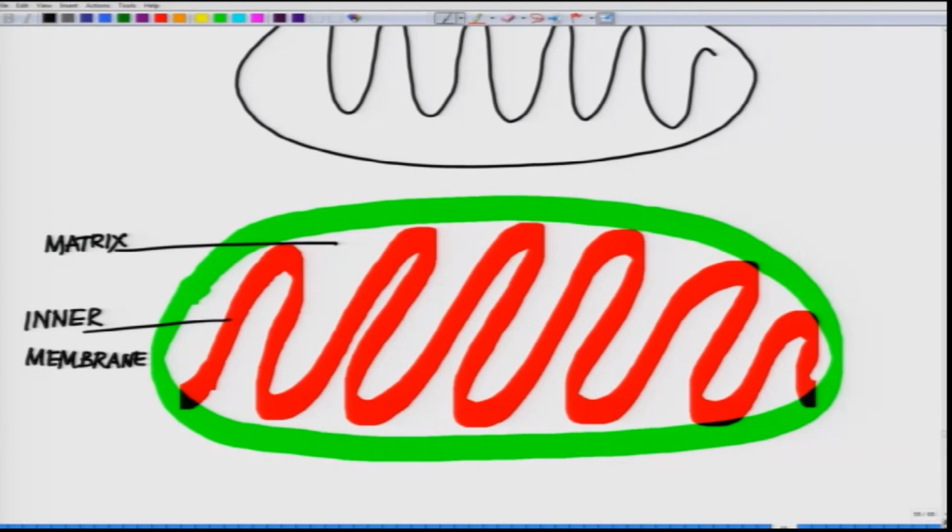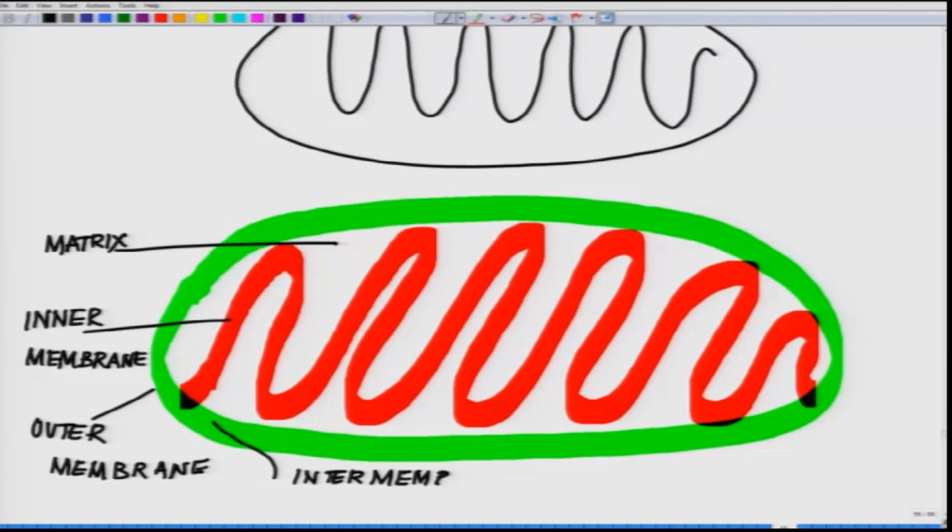Then you have the outer membrane, which is this one, and then you have the intermembrane space. So, this is more or less how the mitochondrial structure looks like, and the inner membrane is folded into what are called cristae. Mitochondrial oxidation begins with large amounts of acetyl coenzyme A, which are produced in the matrix space from fatty acids and pyruvate.